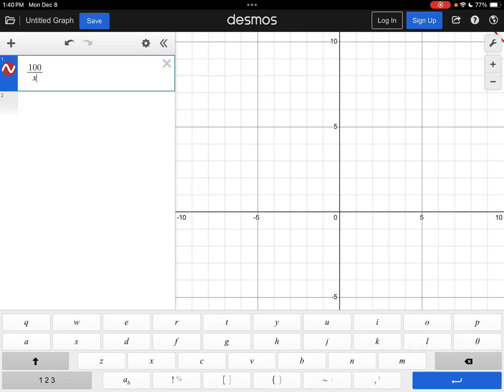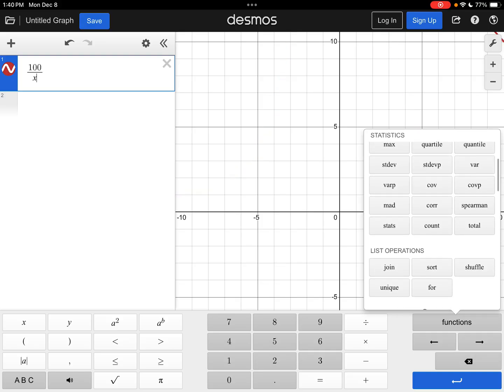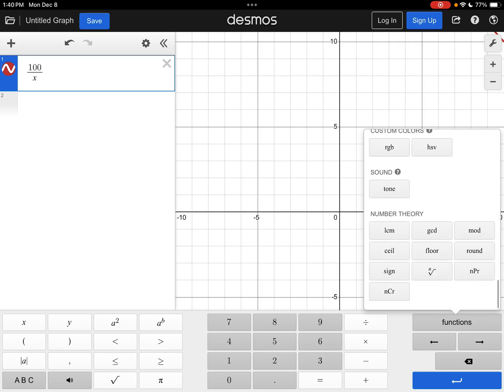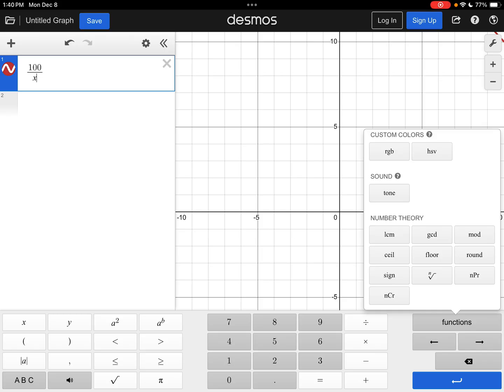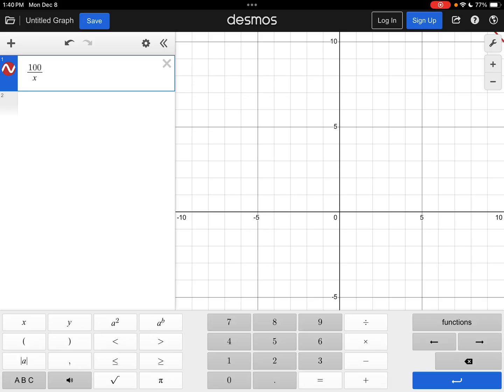I'll just want to do subscript on iPad. Forget how to do this.